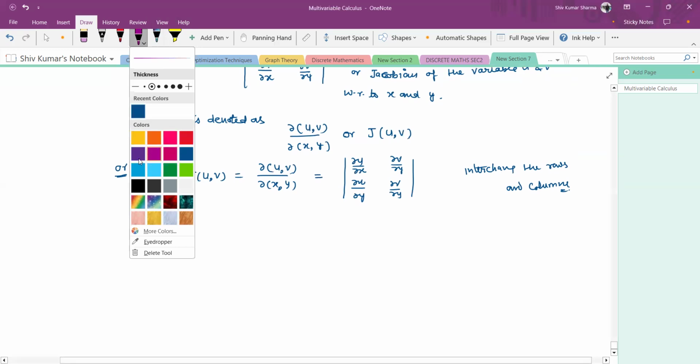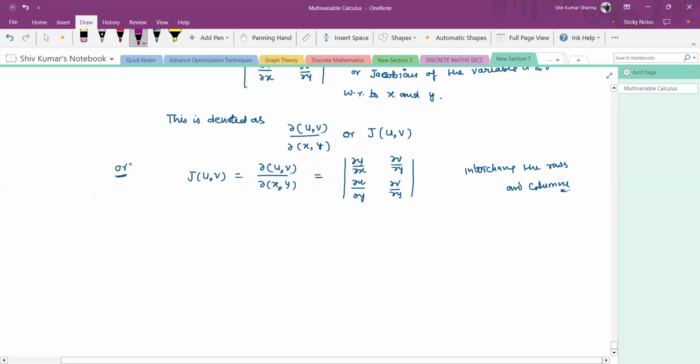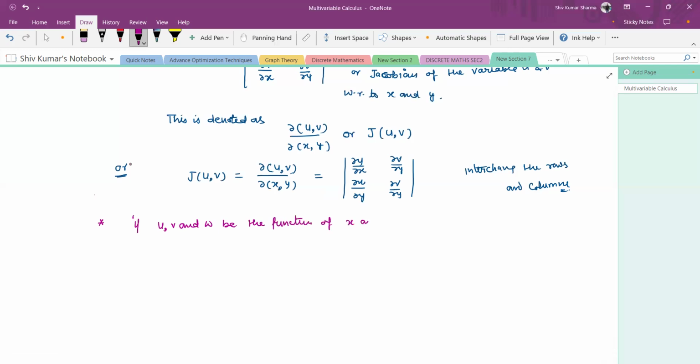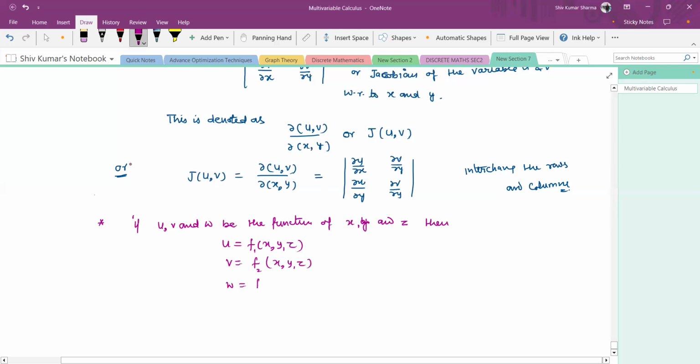Now we move to the three variable case. If u, v and w are functions of x, y, and z, then u is a function of x, y, z, v is also a function of x, y, z, and w is also a function of x, y, z.